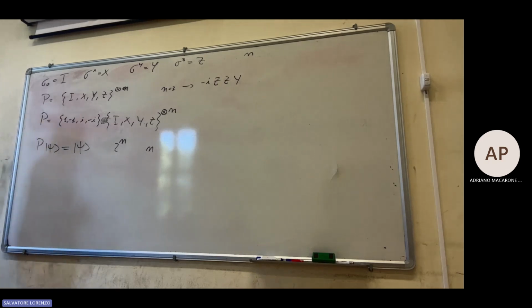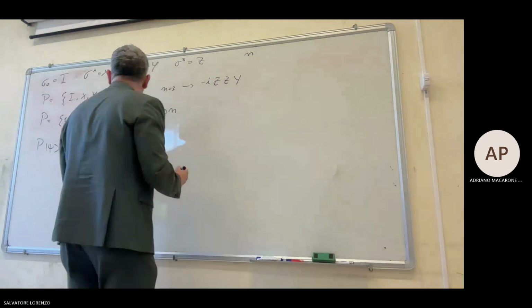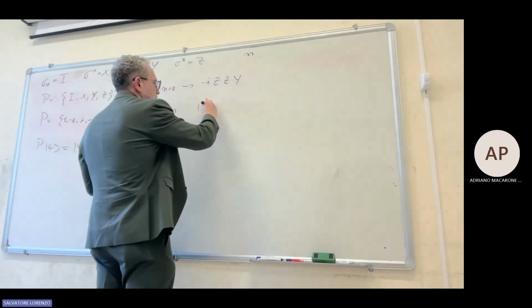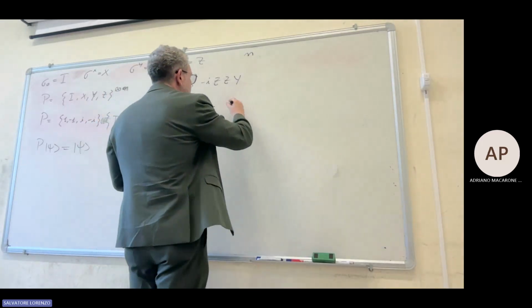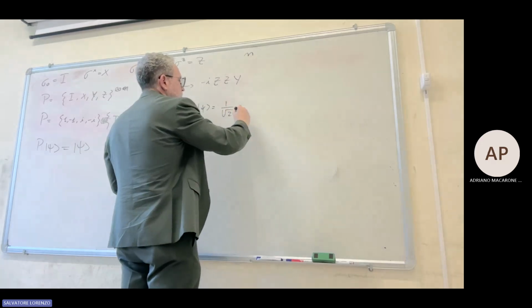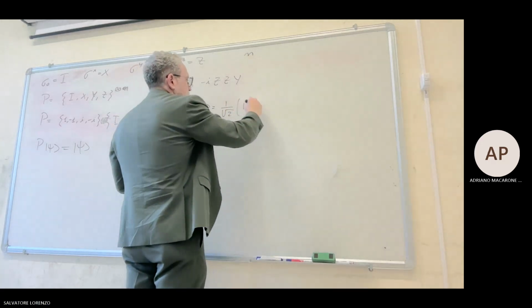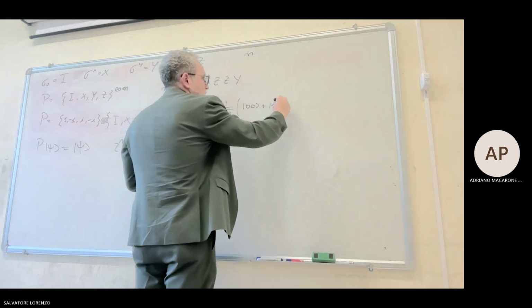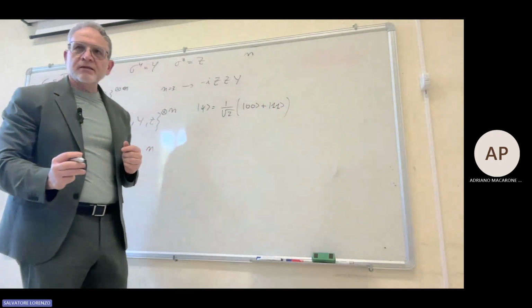So to give a non-trivial example, let's imagine the state psi that is equal to this typical 1 over square root of 2, (|00> + |11>). This is a stabilizer state.